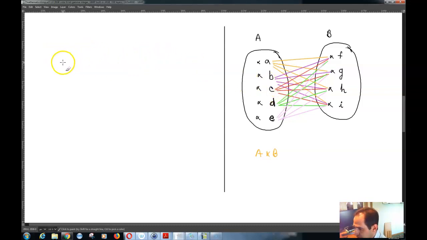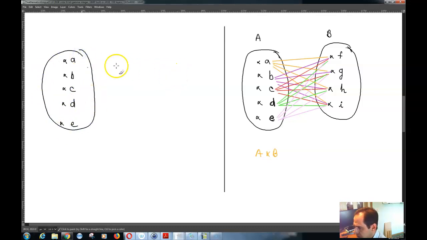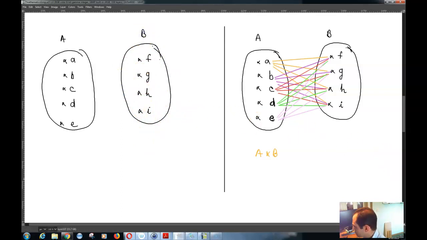Suppose that for example I rewrite the sets over here, A, for example, B and C and D and E. These are the elements of A. And then you have F, G, H, and I. And you have these elements over here, B. And then suppose that based on some rule, what I define here is that the subset is going to be something like this.